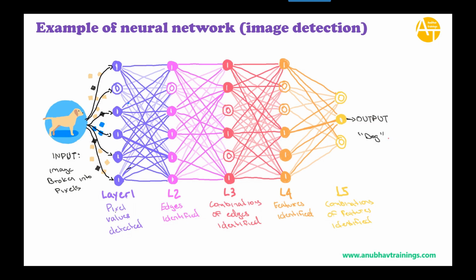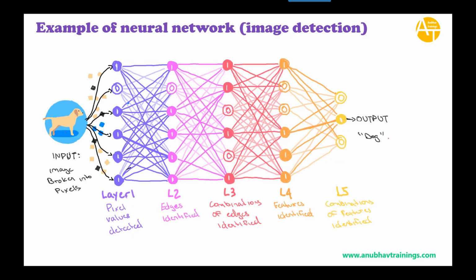First it identifies the pixel values. Once it has detected that certain activation functions got activated, it feeds the data to the next layer, which is layer 2, that identifies the edges of the dog. For example, I'm just giving an example. Then once the edges are identified, it goes to the next layer where it identifies the combination of edges.